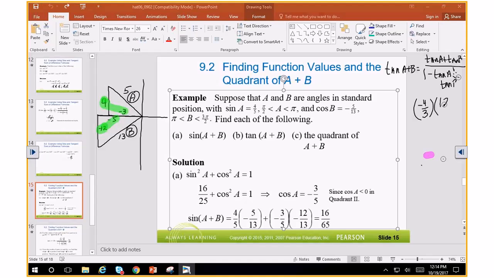Positive or negative? Positive. Over 1 minus -4/3 times 12/5. It's not supposed to be addition, it's multiplication.